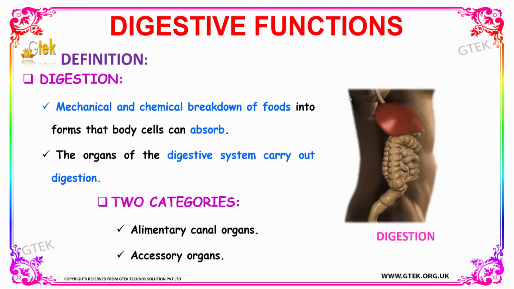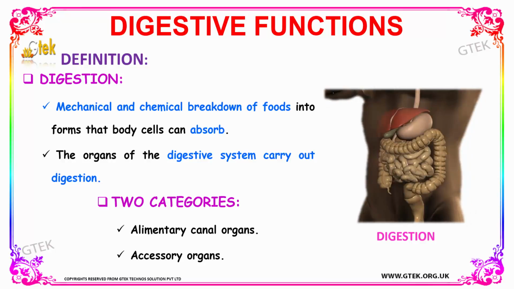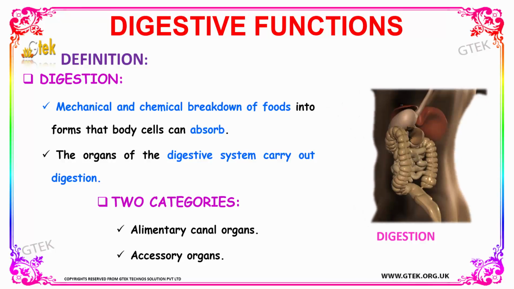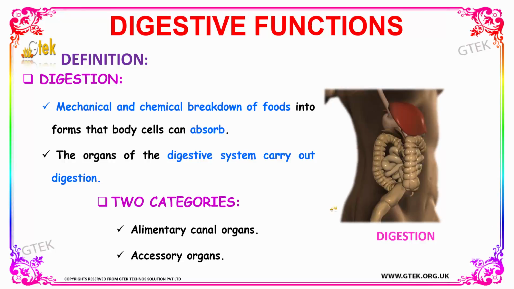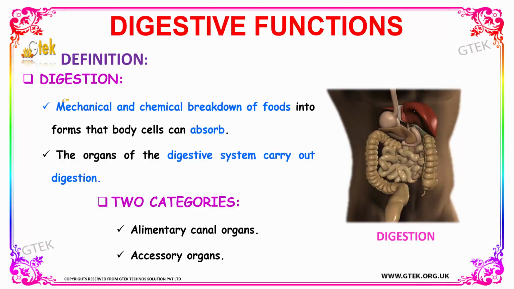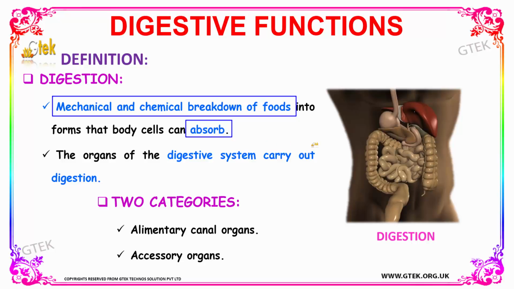Your digestive function, that is, digestion, is nothing but the mechanical and chemical breakdown of foods into forms which are simple and that can be absorbed easily by the cells of a human body.